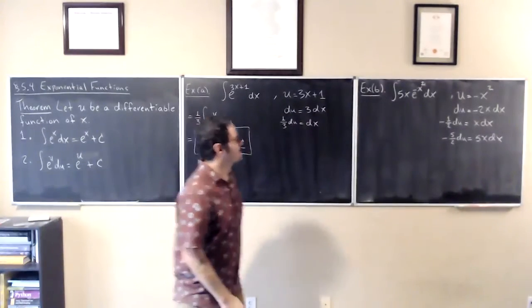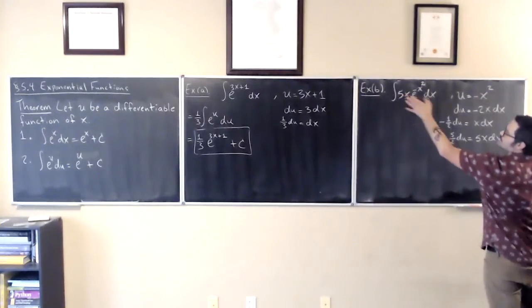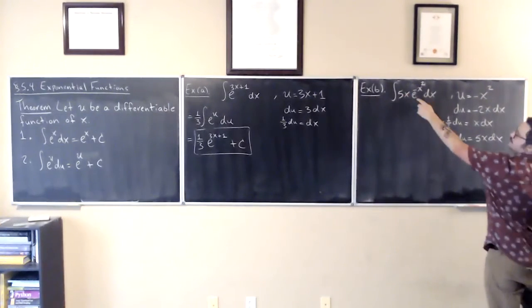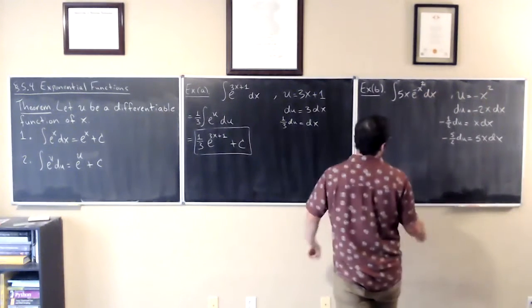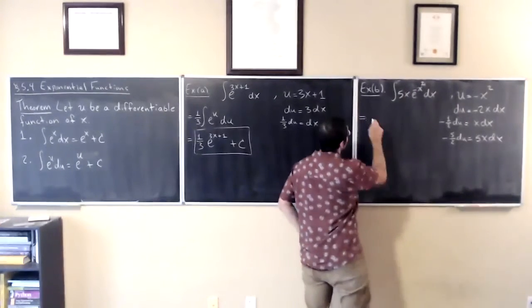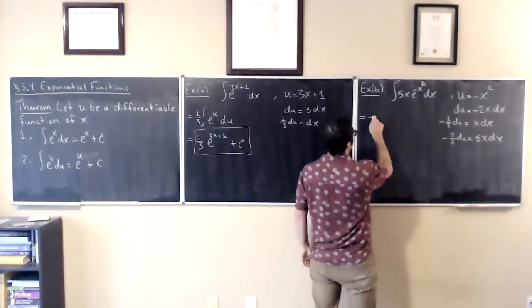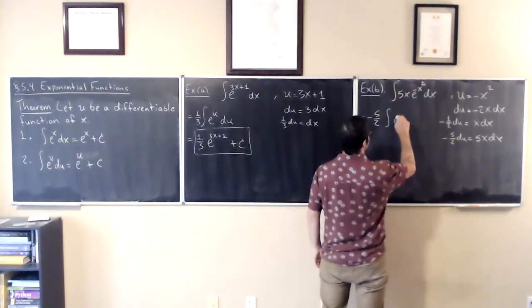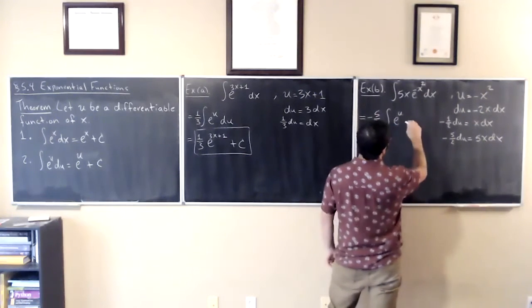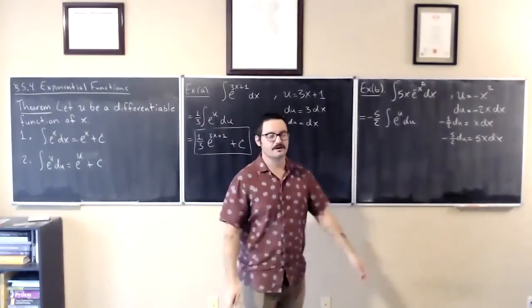So now I can replace everything in this indefinite integral in terms of u. That times that is equal to that. e to that is equal to e to u. So I'm going to go ahead and do that now. I'm going to take out the constant negative 5 halves. And on the inside, I just have e to the u du. And we know how to integrate that, right?